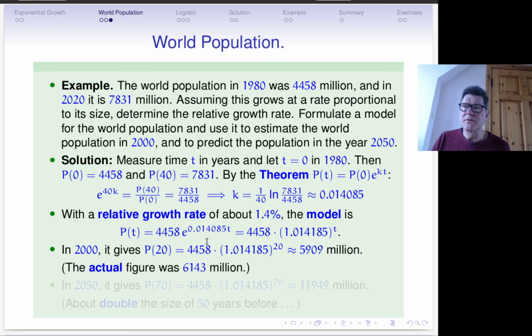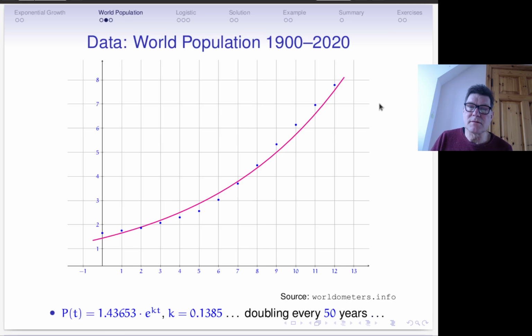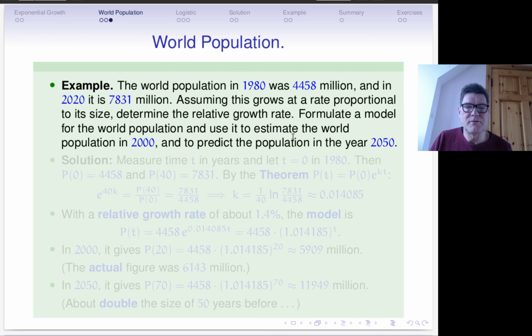If you compare this to the figures on the Wikipedia, the actual figure was 6,143 million, so we're not far off. The actual figure was a bit bigger, but as you can see in the graph, there are fluctuations. The real story is not as simple as that, but roughly the model fits.